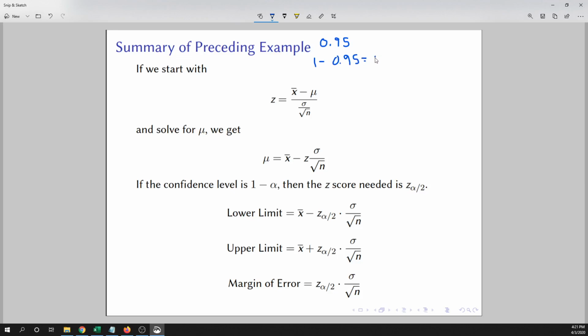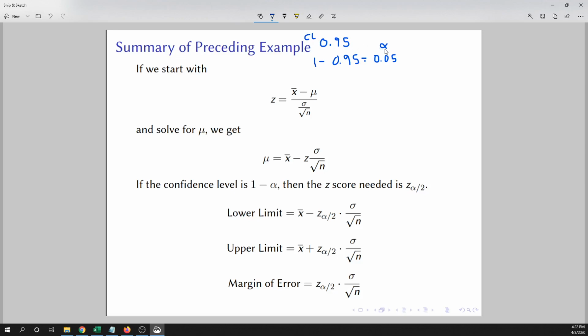That's going to give us 0.05. So this would be our alpha. All right, so this is our confidence level.